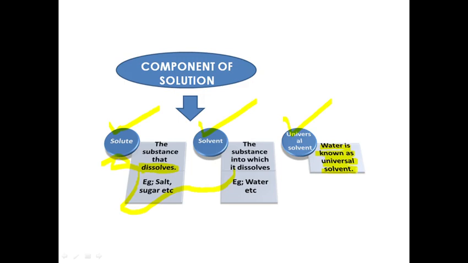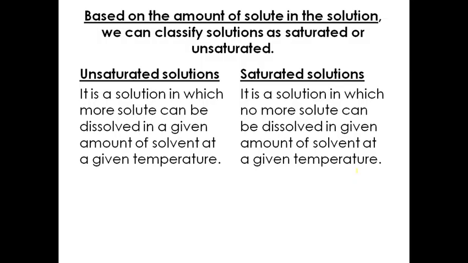Universal means it is used in every, or at least most, solutions. While making solutions, water is used as the solvent most of the time. That's why water is known as the universal solvent. I hope you understood this. Now let us move to another slide.